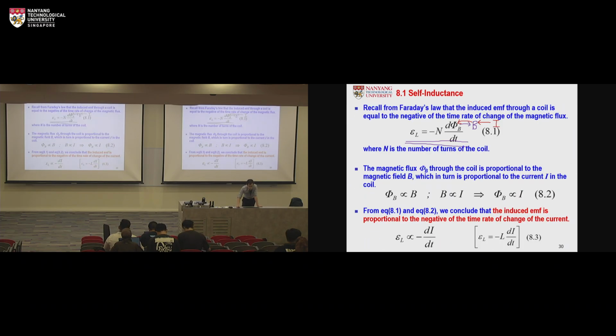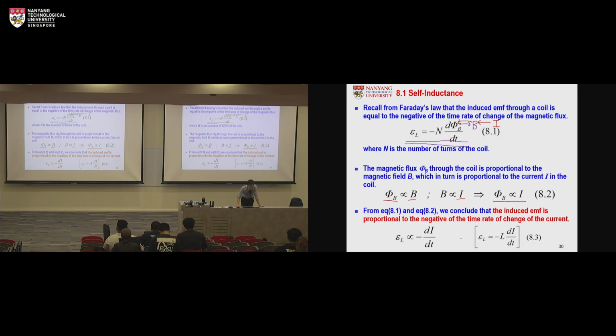So then we can tell the magnetic flux inside this circuit still should be proportional to B, and in this particular scenario, B is proportional to I. So eventually, the magnetic flux inside the circuit should be proportional to I, right?